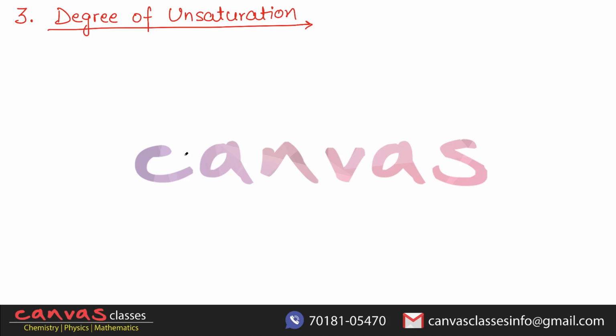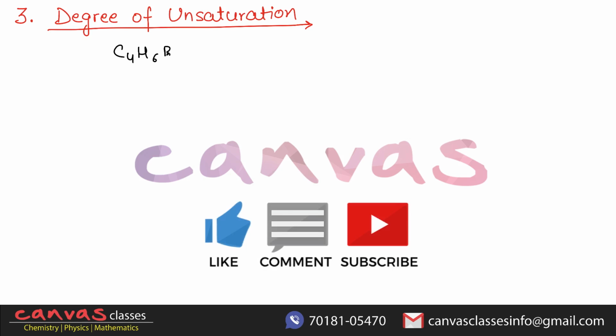Before you come to the next lecture, try to write down all the possible structures for the molecule C4H6Br. Write down as many structures as you can for this molecular formula, and then I'll explain how you can use the degree of unsaturation to simplify the whole process.